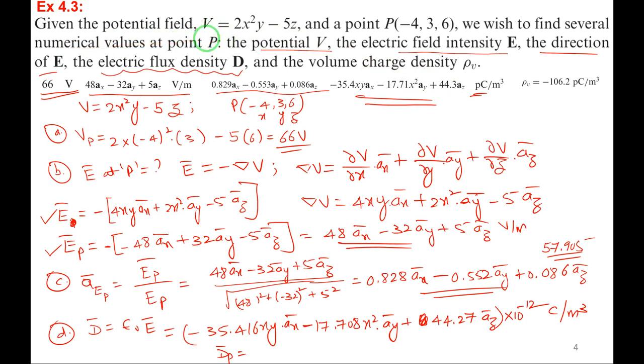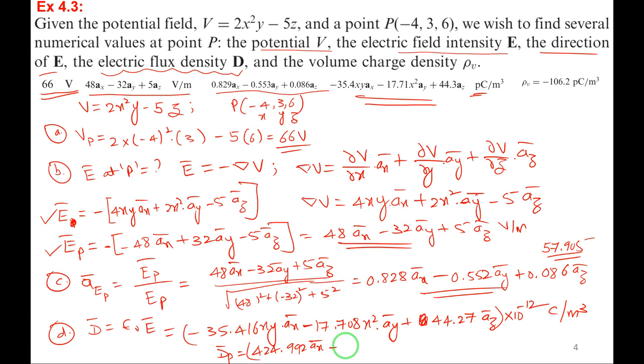So minus 35.416 into x, x is minus 4, into y, y is 3. So I am getting 424.992 ax, minus 17.708 x square.